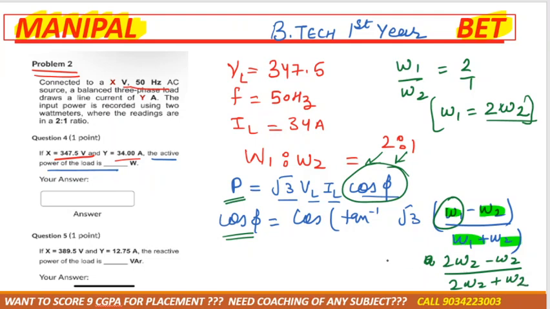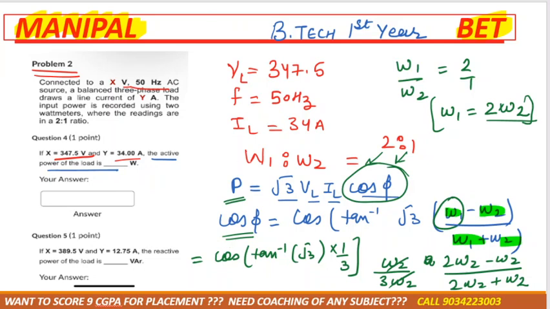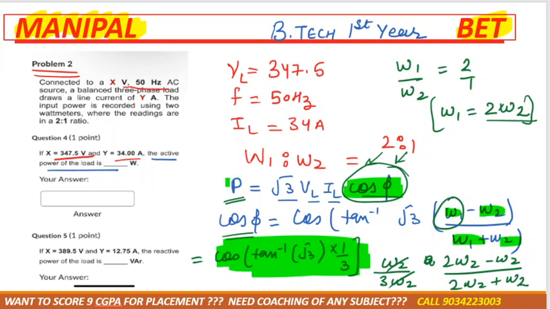So that would be W2 divided by 3W2. So this would be cancelled, right? So the final answer would be cos of tan inverse of root 3 into 1 by 3. Now you can solve this by using calculator, then you will get cos phi. You can substitute cos phi, then you will get active power.